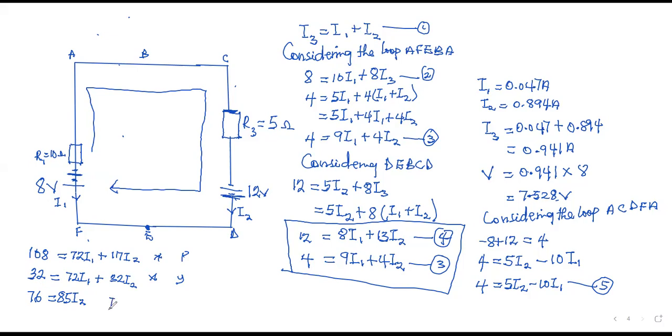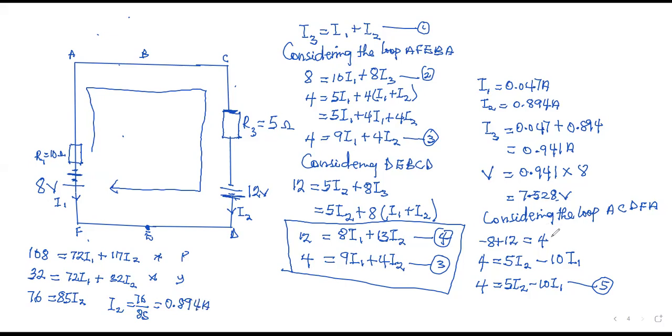So I2 therefore will be 76 divided by 85. Then what is 76 divided by 85? This is 0.894 ampere.